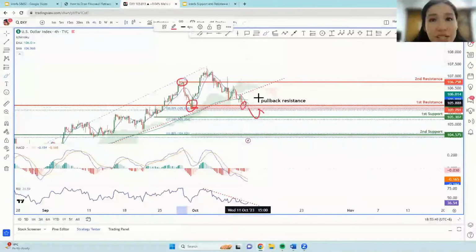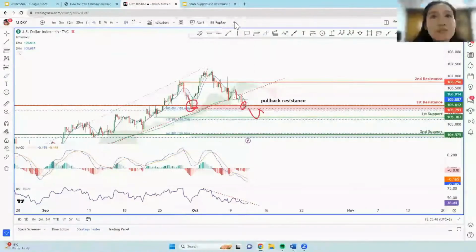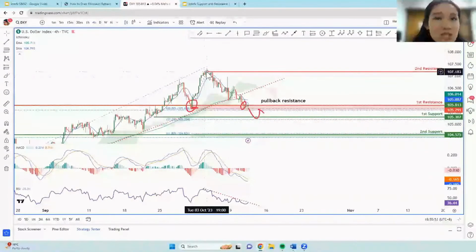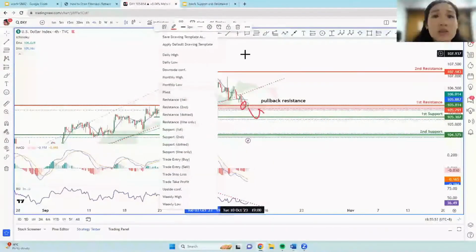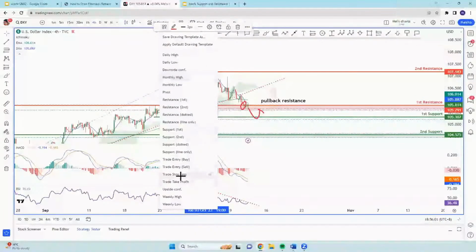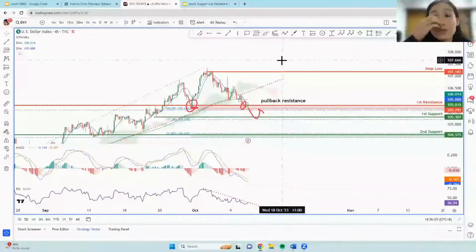So current price is here, so I prefer it slightly lower, closer to where my current price is. But because our analysis is that we're expecting it to go down, you can place it here as well, because technically our second resistance would be our stop loss in this case, right? So you could place it here as well. It's entirely up to you.